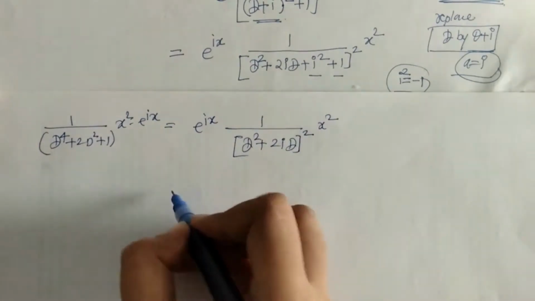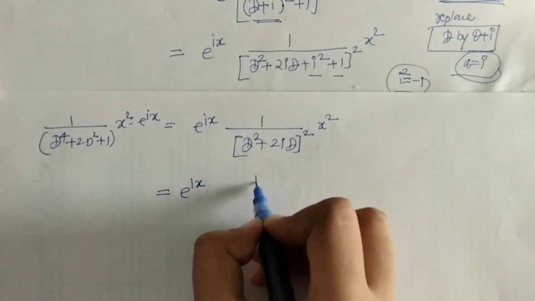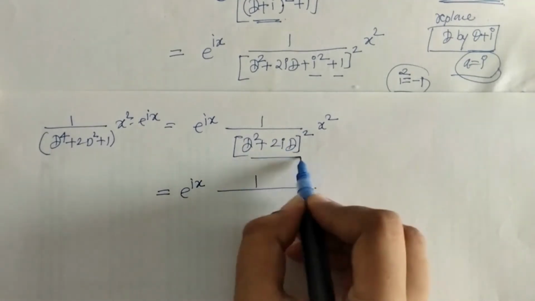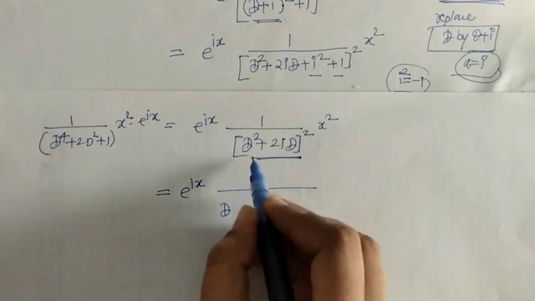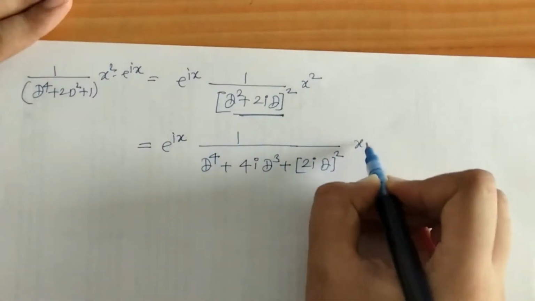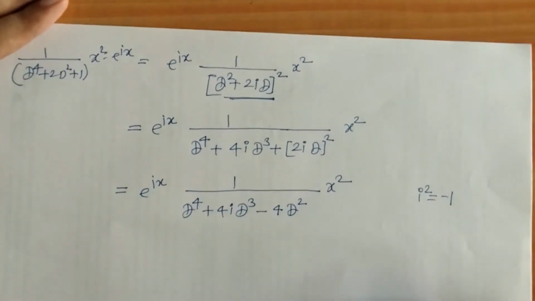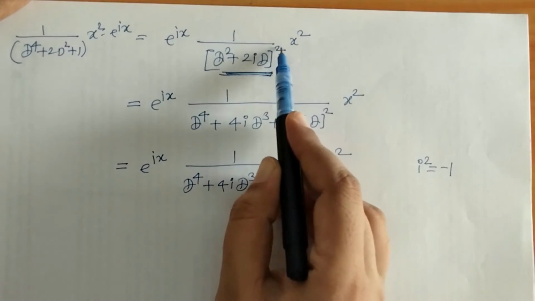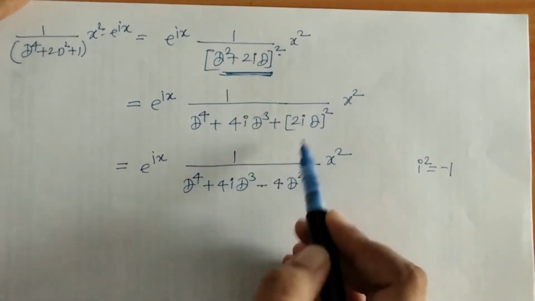Now we will simplify this square, so that we get this here, since we have taken the square of this term.